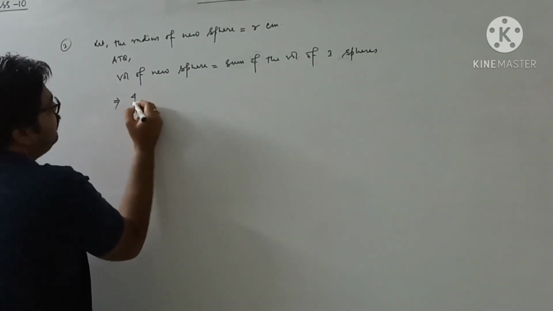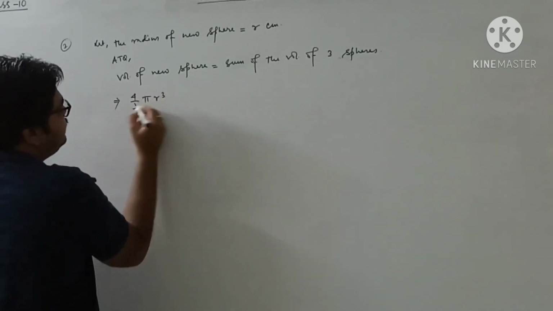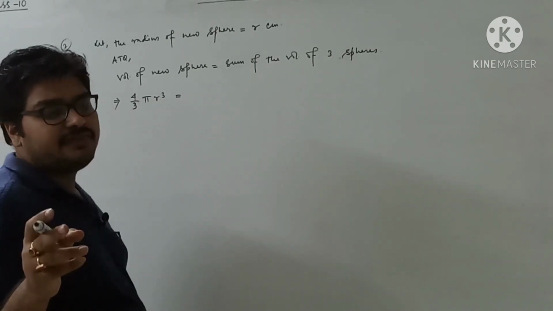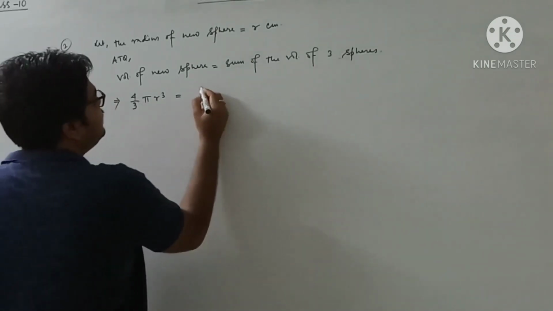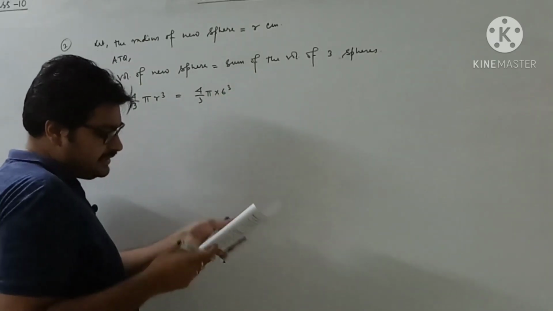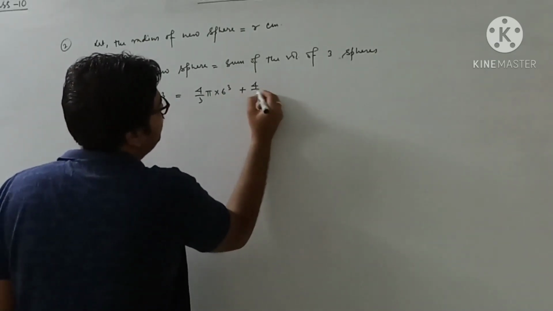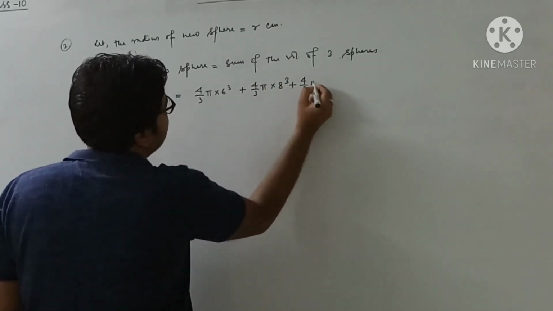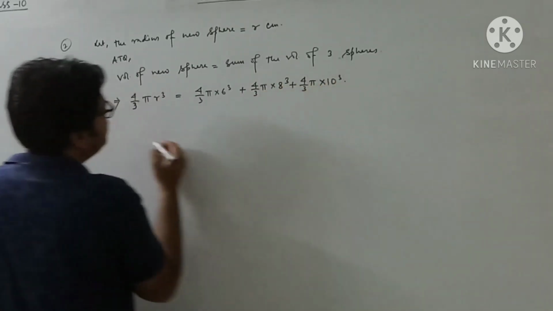Volume of the new sphere, 4 by 3 pi r cube. Now 3 spheres are there. What is the radius of the first sphere? 6 cm. So it is 4 by 3 pi into 6 cube. Next sphere radius is 8, so 4 by 3 pi into 8 cube. And the next one is 10, so 4 by 3 pi into 10 cube.